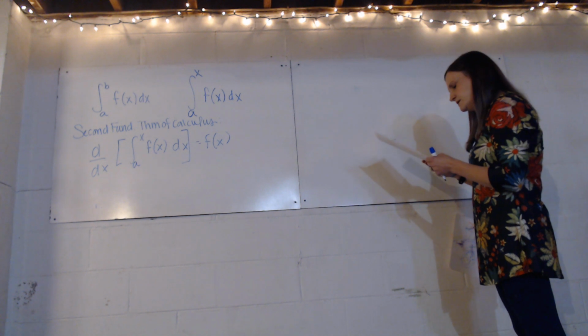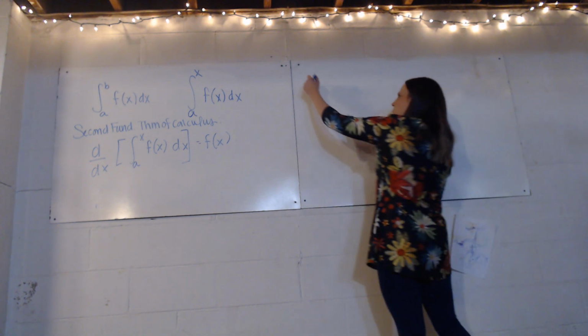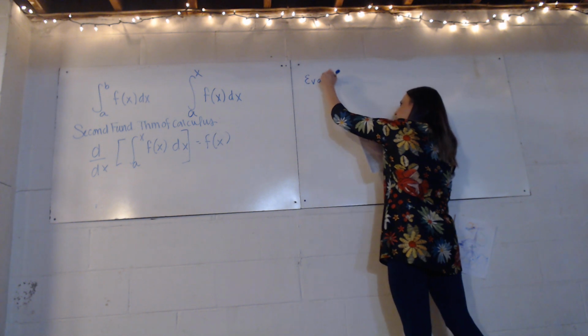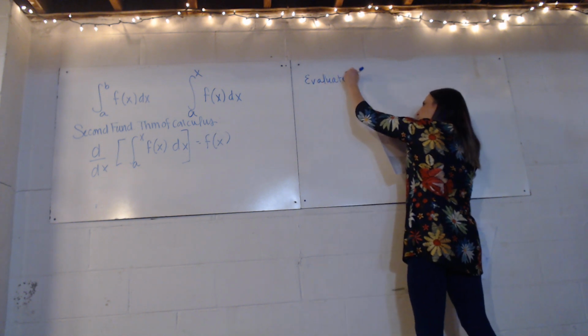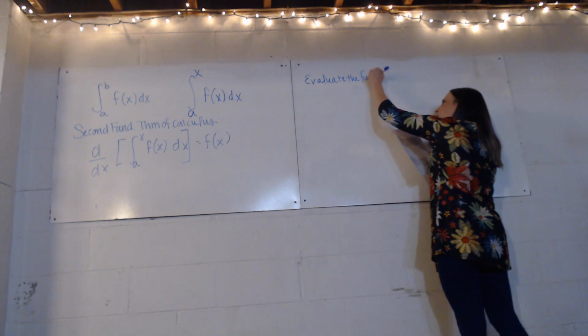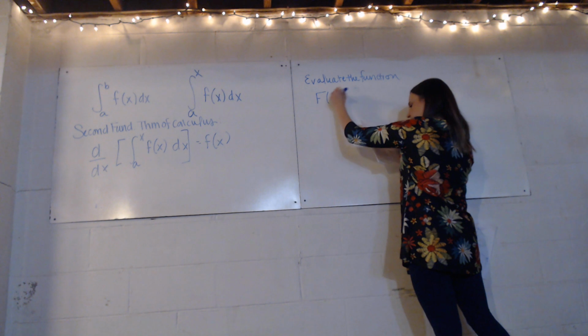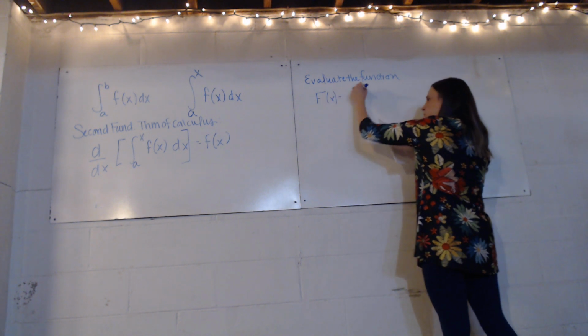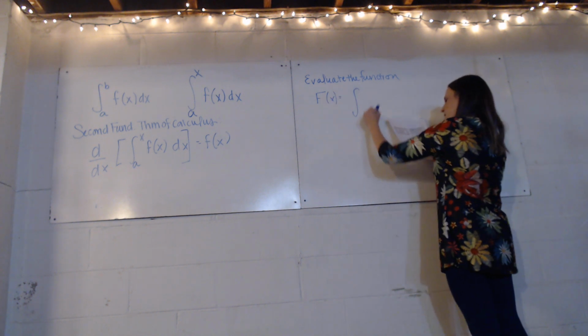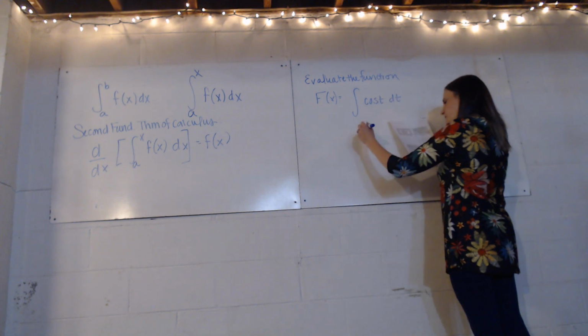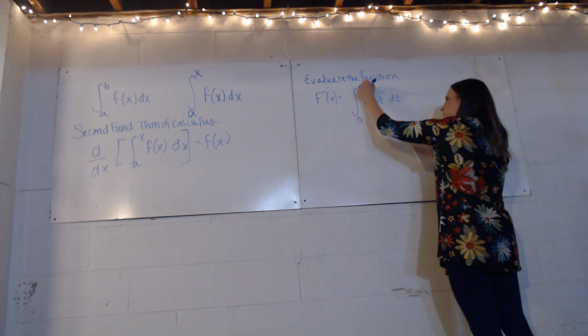So here's the first problem in a PowerPoint. It says evaluate the function f of x is equal to the integral of the cosine of t with respect to t from t equals 0 up to x.